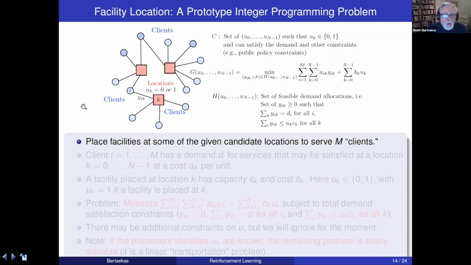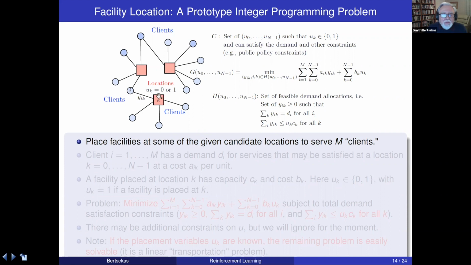Okay, so what do we have here? We have some candidate locations in which we want to place facilities, like power plants, if you're talking about electric energy production, or some other kind of facilities, service centers. And there are some candidate locations, and we want to find the most promising locations.